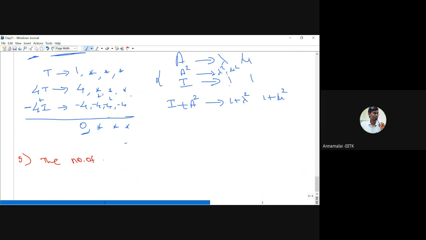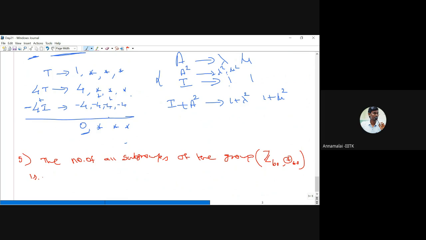The number of all subgroups of the group Z60, which is a group with respect to addition modulo 60, is how many subgroups are there?